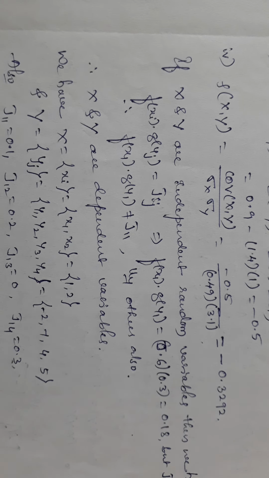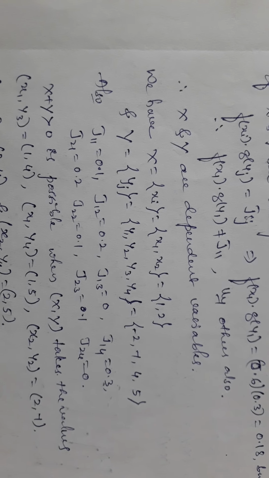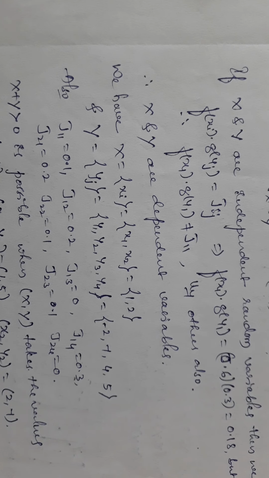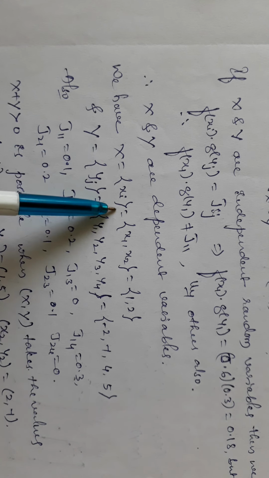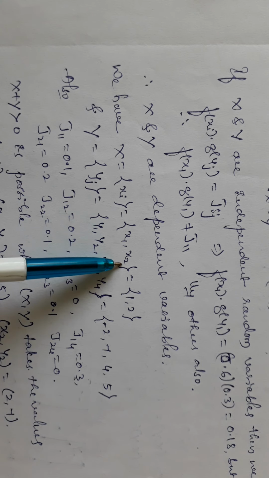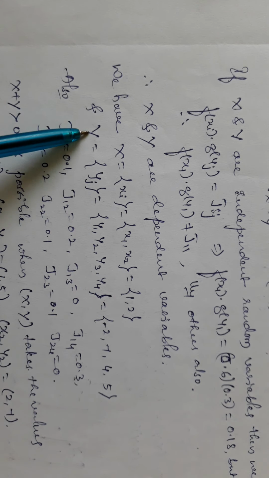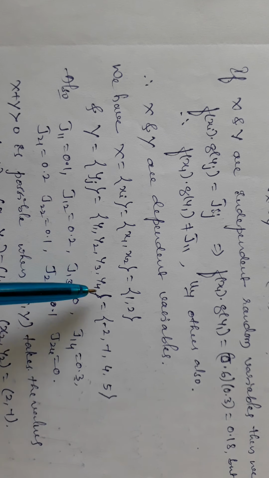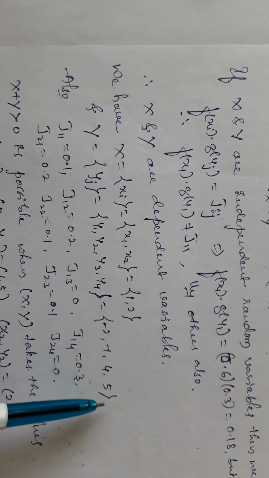Further, we need to find the probability that x plus y is positive. First, we consider the x values and y values. We have the x values x1, x2, that is 1 and 2, and the y values y1, y2, y3, y4, that is minus 2, minus 1, 4, 5.